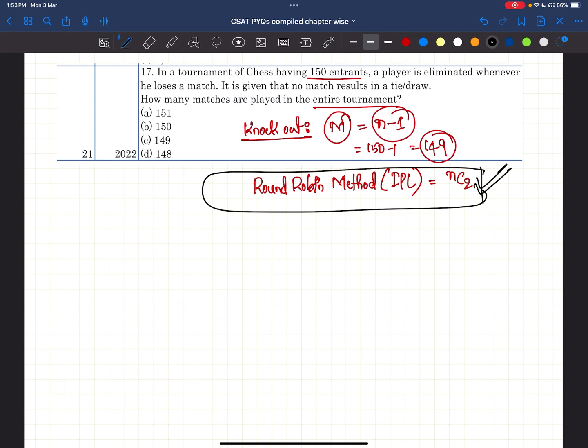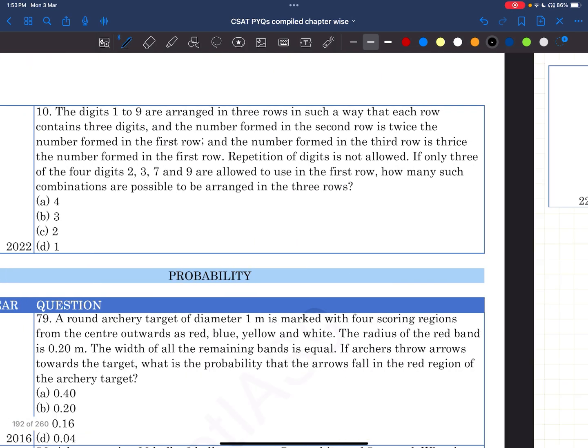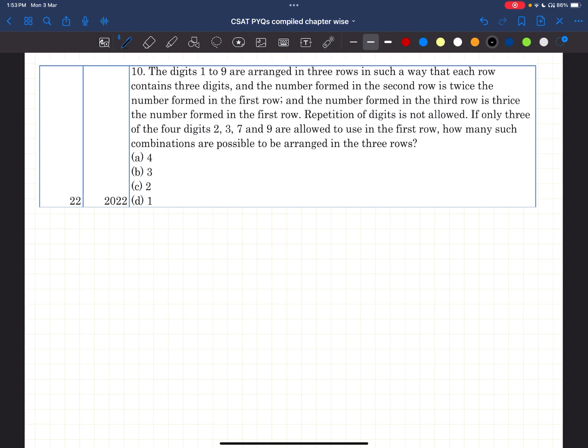For knockout, it is n minus 1. The answer is 149 here. Very simple formulas. Please remember IPL here, in the round robin method. Okay. Let's go to the next question.